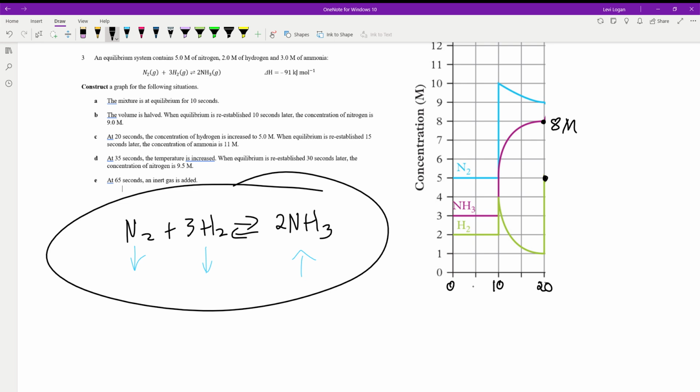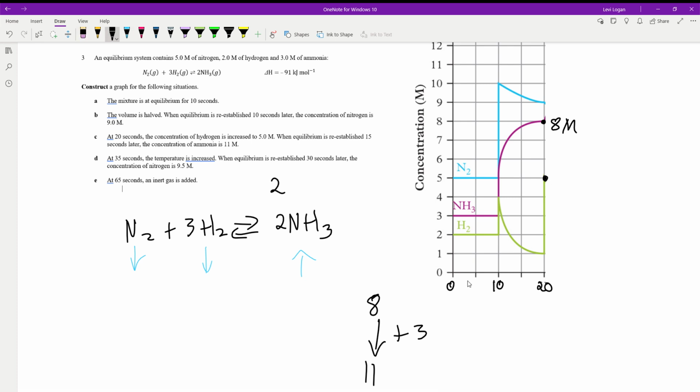Now, if it's going to go from 8 to 11, that is an increase of plus 3. Remember, this is a ratio thing. This is a 2 to 3 to 1 ratio. The important thing is probably to work out the nitrogen because it's the base of 1, but we can still do it with these other ones.